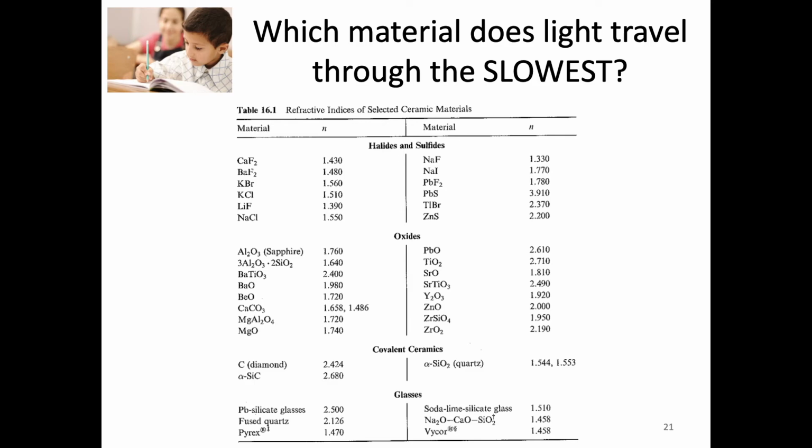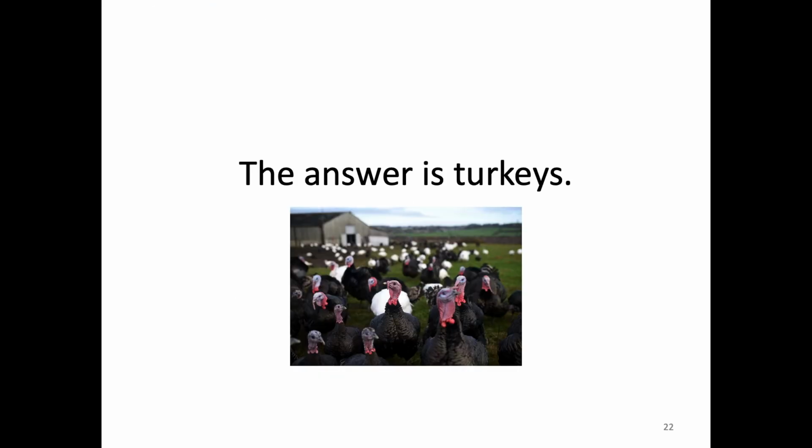So basically the highest number travels through the slowest. And so I just put this here in the slides just to kind of keep people on their toes. But this means just go back to the answer we just talked about for the answer to that problem.